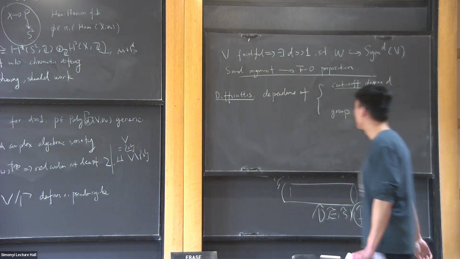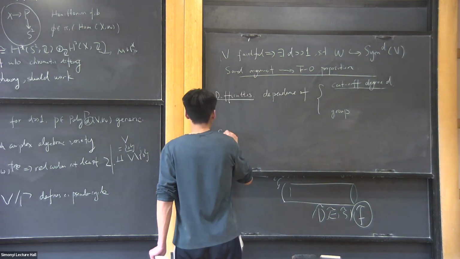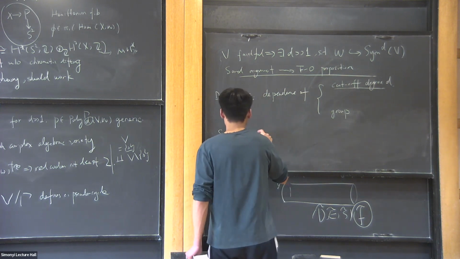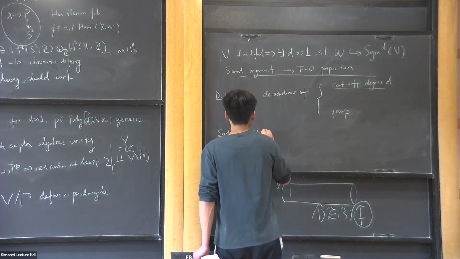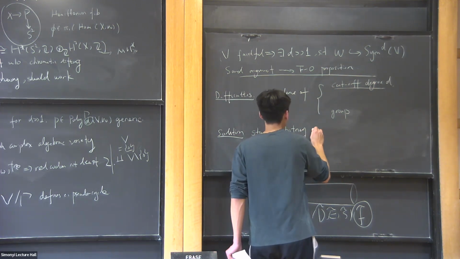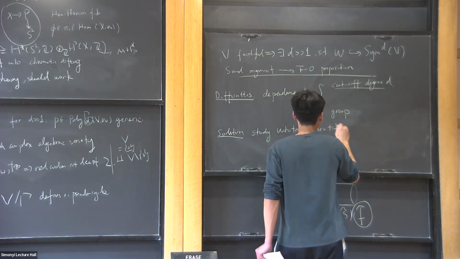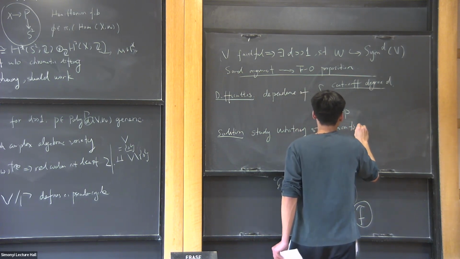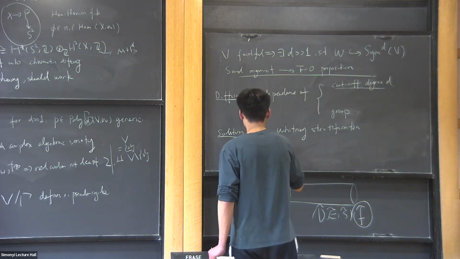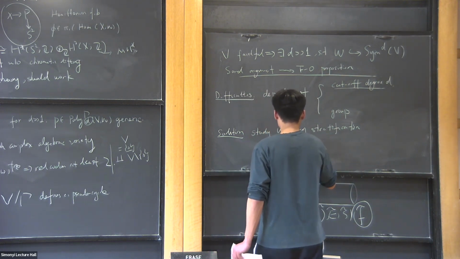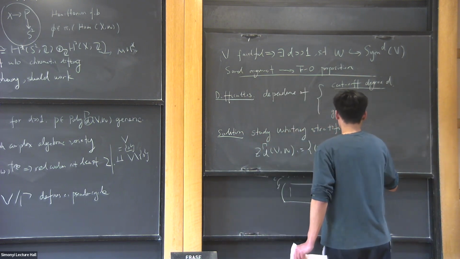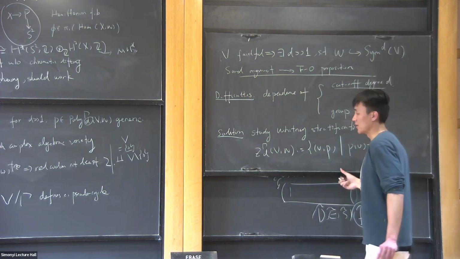And the solution, the tool we use, is to study some kind of Whitney stratification on the universal zero set defined by this formula.